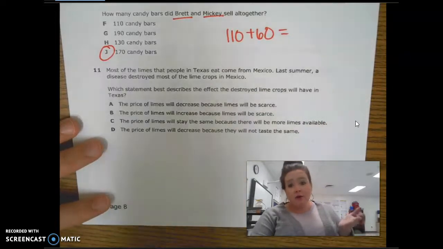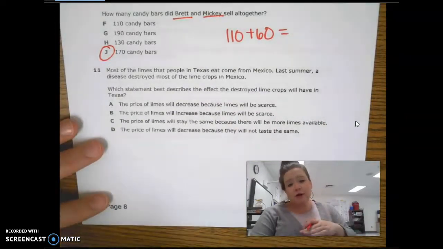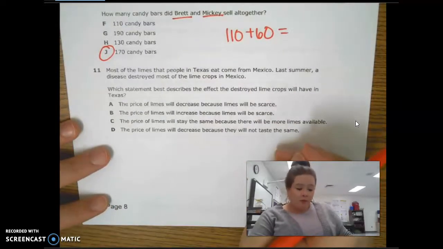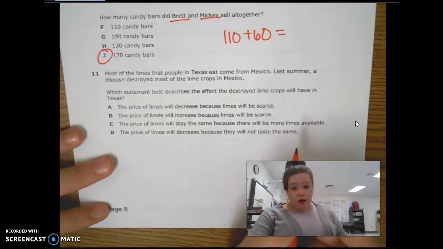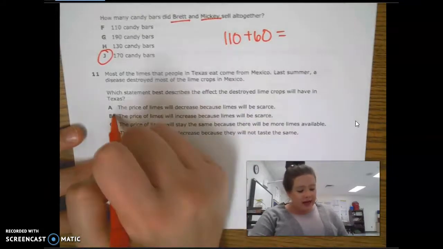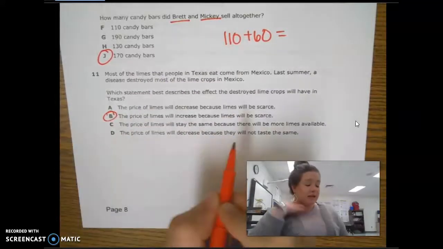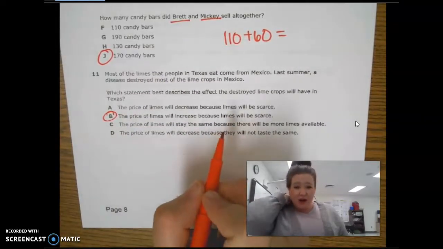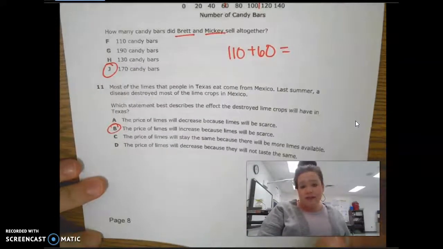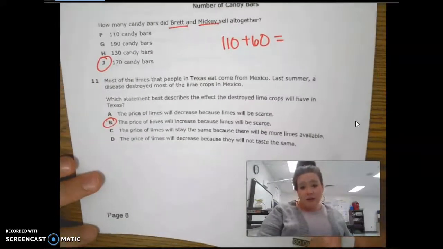The amount of your product goes down, so your supply goes down, but your demand stays high. Good. When your supply is low and your demand is high, your price of limes is going to increase because there's not going to be a lot of limes. All right? People still want them, so farmers are still going to sell them, but they're going to sell them at a higher price because they don't have as many.